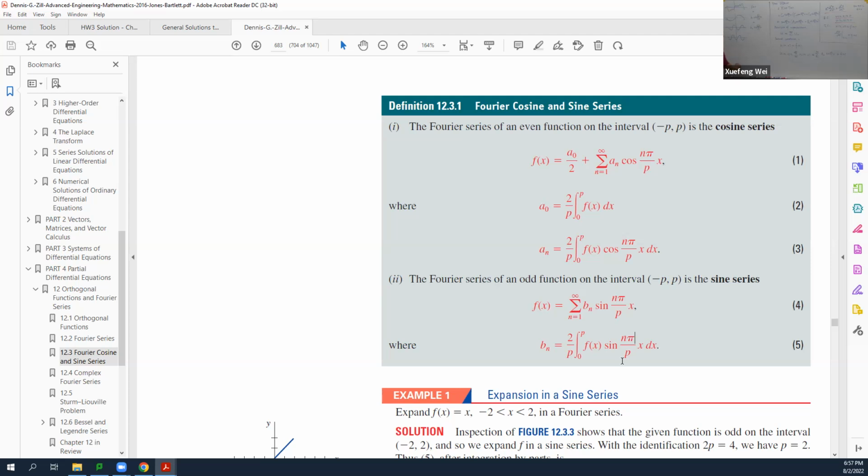No, that's not 3 cycles. I need to make it precisely 3 cycles. Okay, that's 3 cycles. So you can plot B3 sine of 3 pi over L x. Then you can keep going.